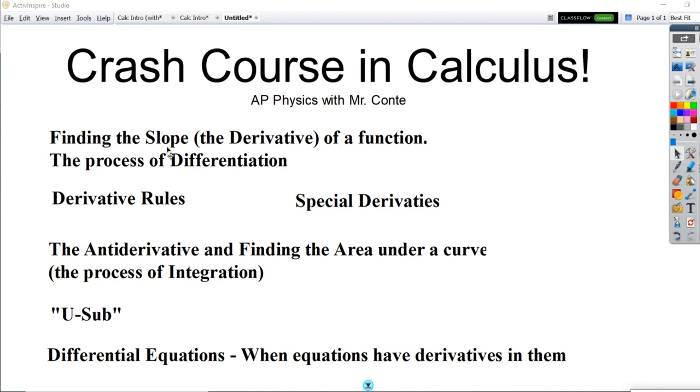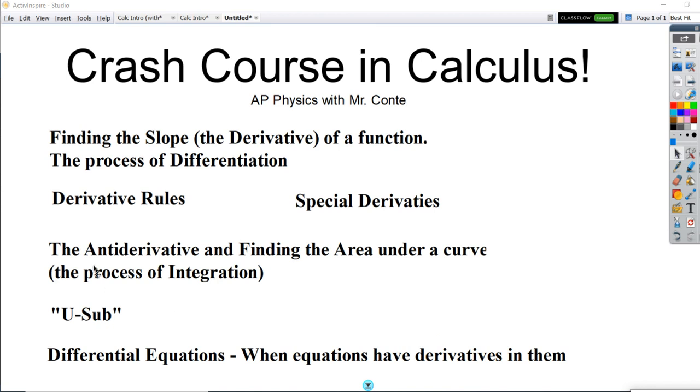Slope can be found of a function if you take its derivative, and area can be found under a curve if you take that function's integral or antiderivative. So generally speaking, integrating tends to be harder than differentiating. So this definitely takes a lot of practice to getting used to.